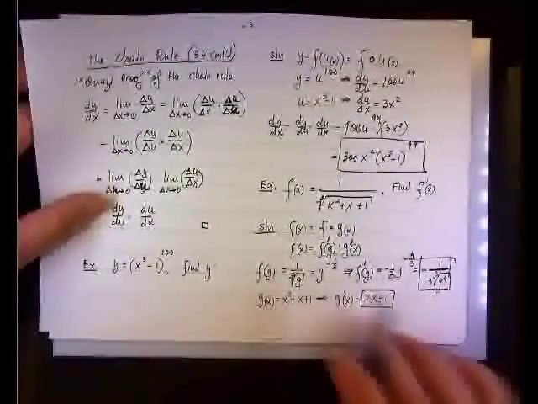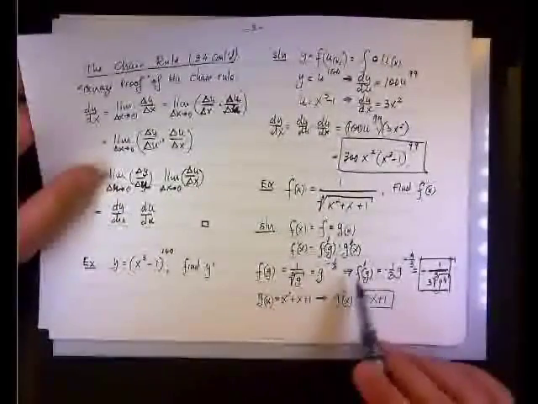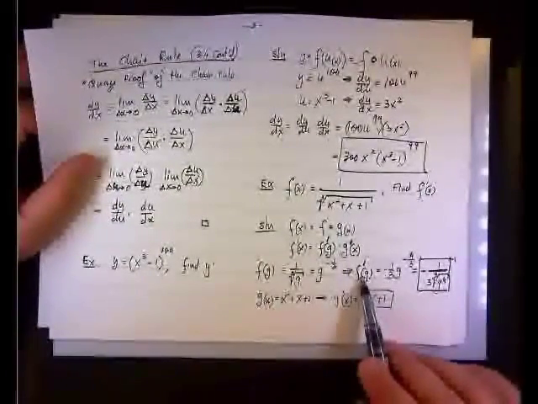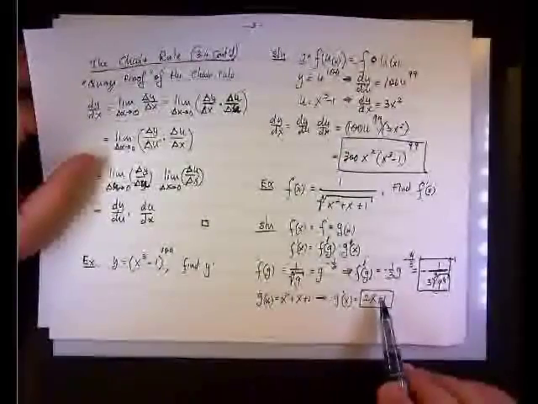One is the derivative of what we call the outside function of the composition, and the second is the derivative of the inside function of the composition.